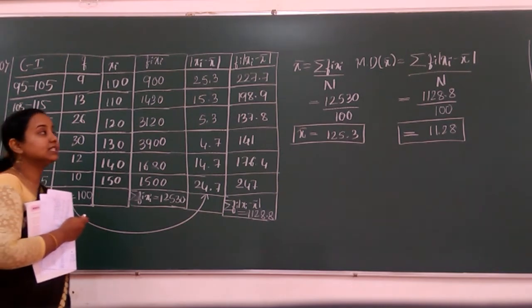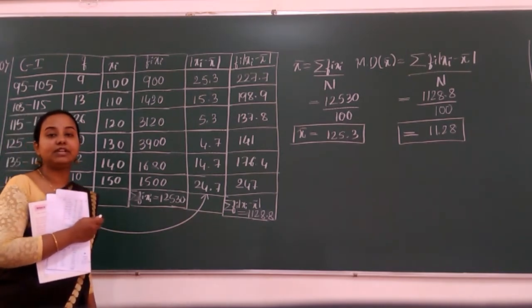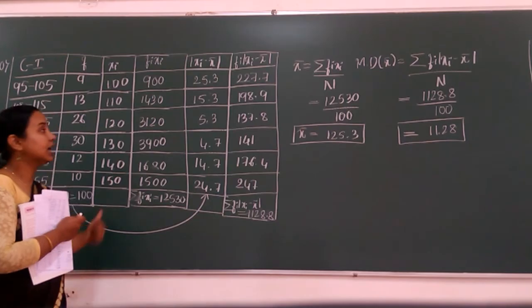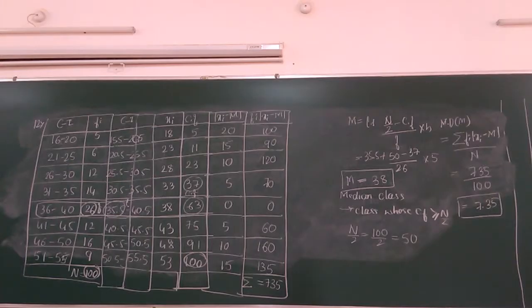Now let us understand how to calculate the mean deviation about median for continuous data. As you can already see on the board, we have written problem number 12. In problem 12 we have been given age and the number of persons having that age range.